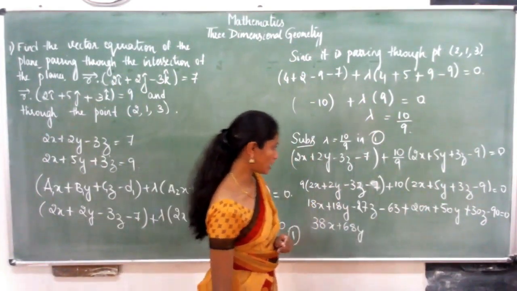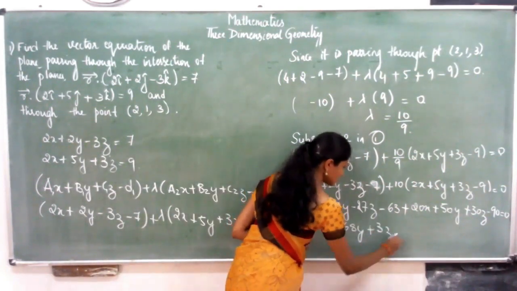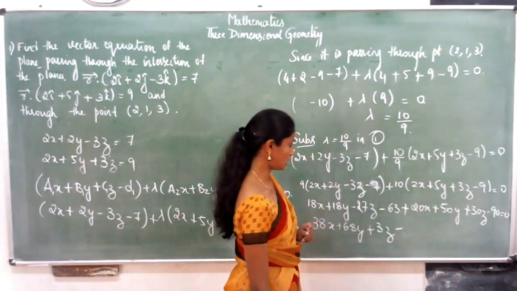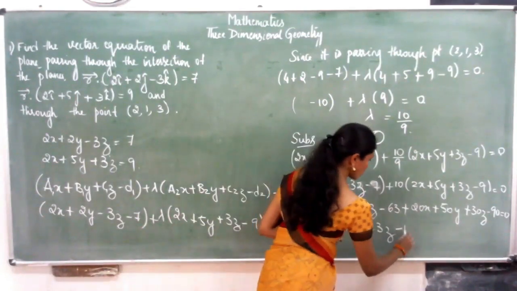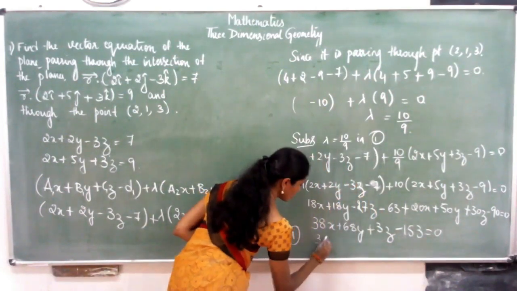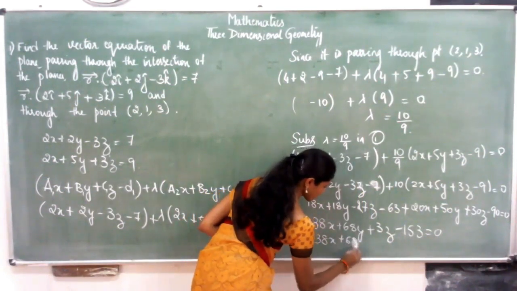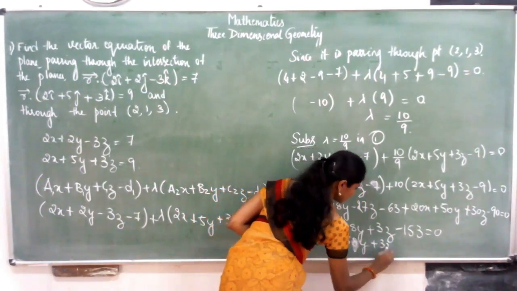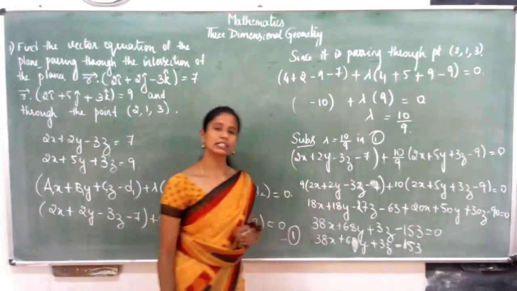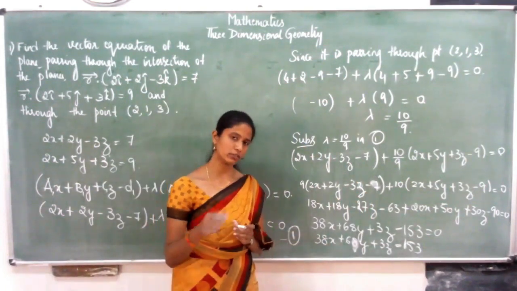Next, you have minus 27z plus 30z, that is 3z, minus 63 minus 90, it will be equal to 153 is equal to 0. Therefore, you have 38x plus 68y plus 3z is equal to 153. And this is the Cartesian form of the equation of the plane passing through the intersection of two given planes.